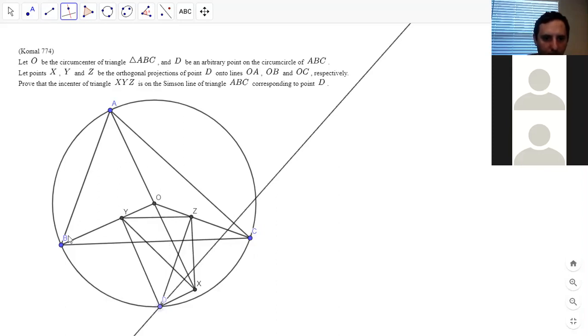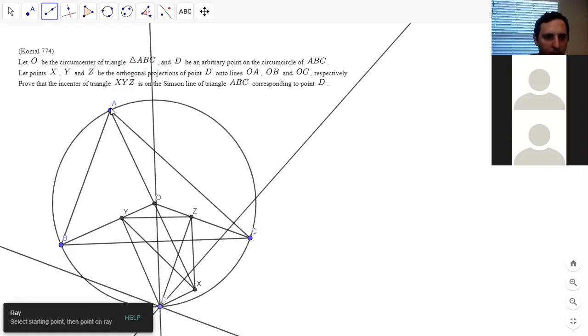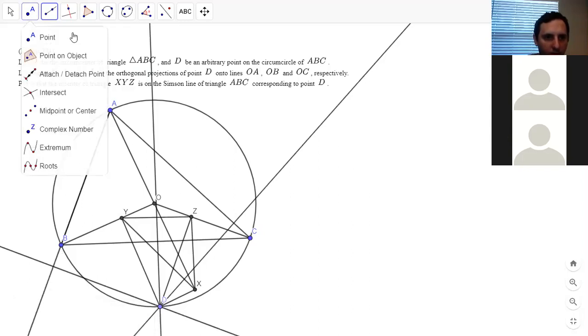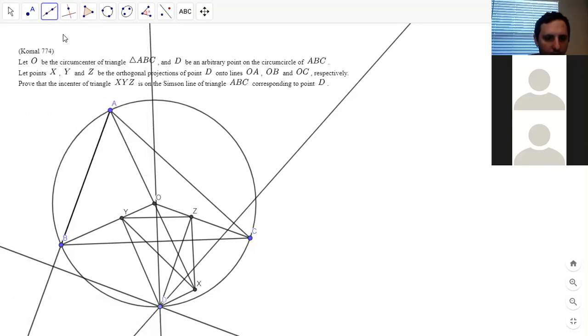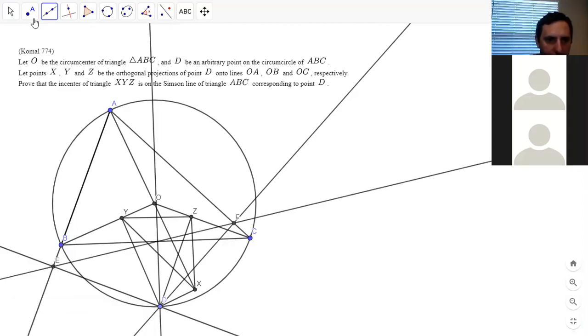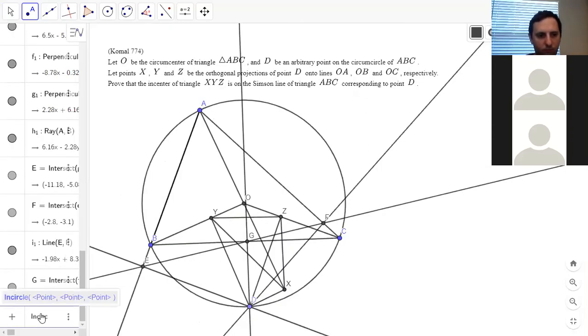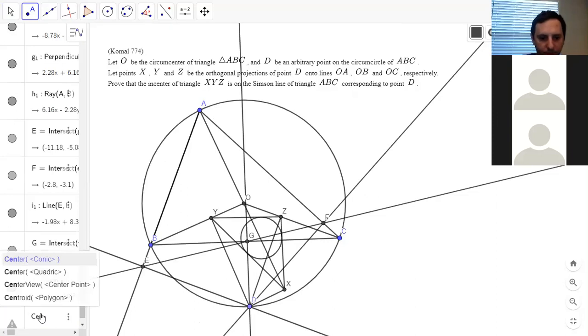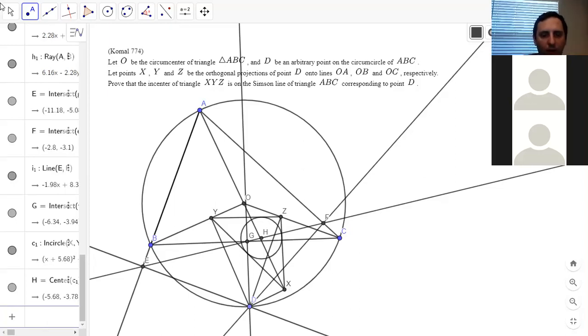We'll draw all three perpendiculars. Okay, so that's the Simson line of D. And then if we draw the incenter of XYZ, there we go.